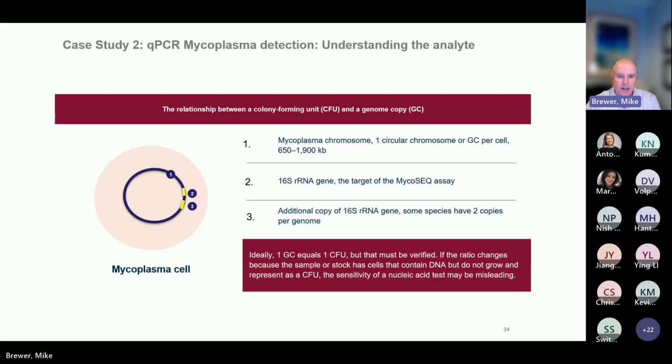But if that ratio changes because the sample or stock has cells that contain DNA but do not grow or represent as a CFU, you can get a misleading indication of the sensitivity of your nucleic acid test, because that's what the qPCR assay is measuring.